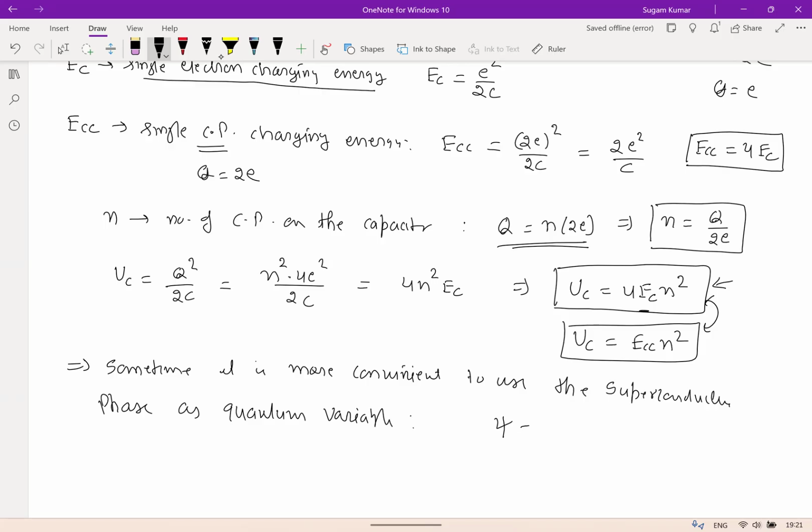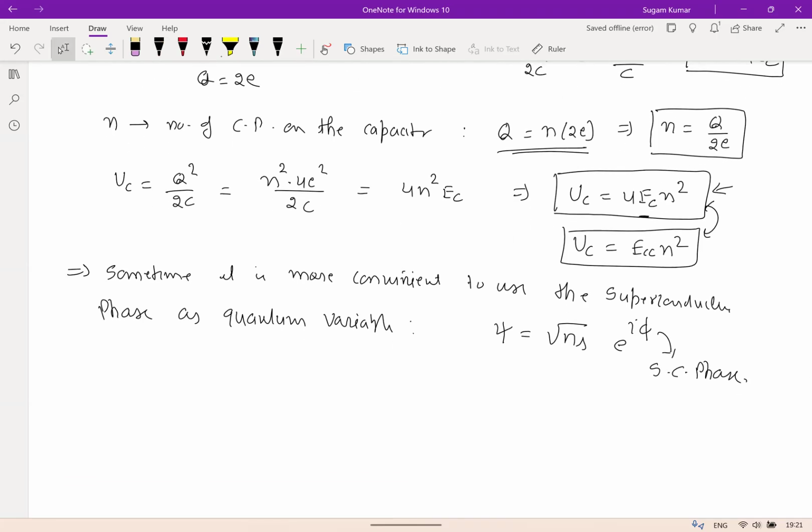I mean, in this wave function, when I write an equation like e to the power iota phi, this phi is what is called the superconducting phase. I will talk about it further. One more thing I will discuss later on in the Josephson junction, maybe just a few minutes later.